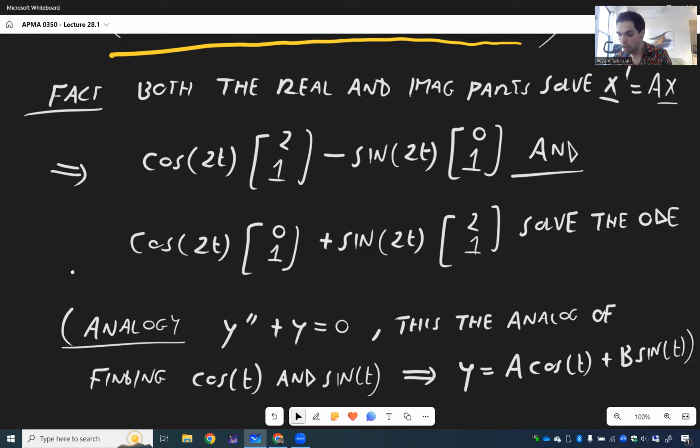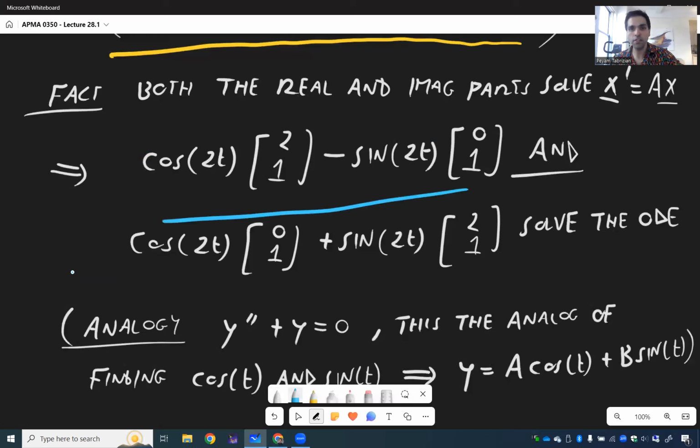And it turns out the solution is simply C1 times the first vector plus C2 times the second vector. So once again, to recap, we found the basis of solutions and we just take linear combinations.